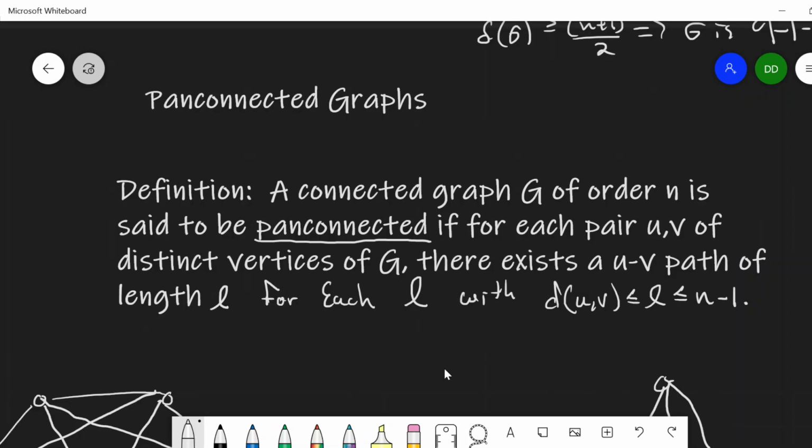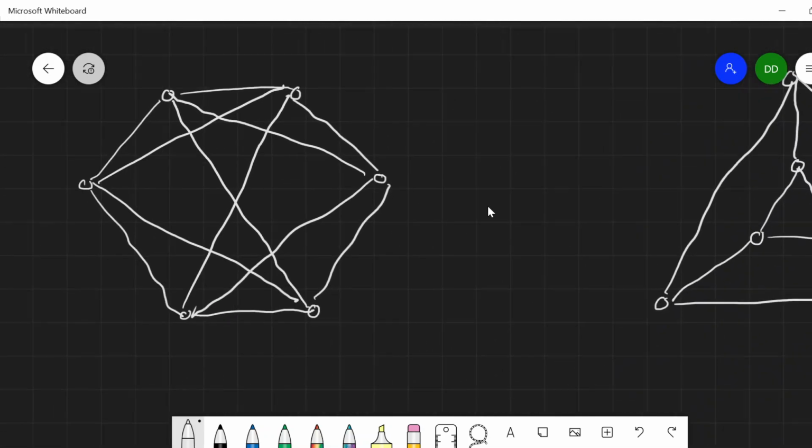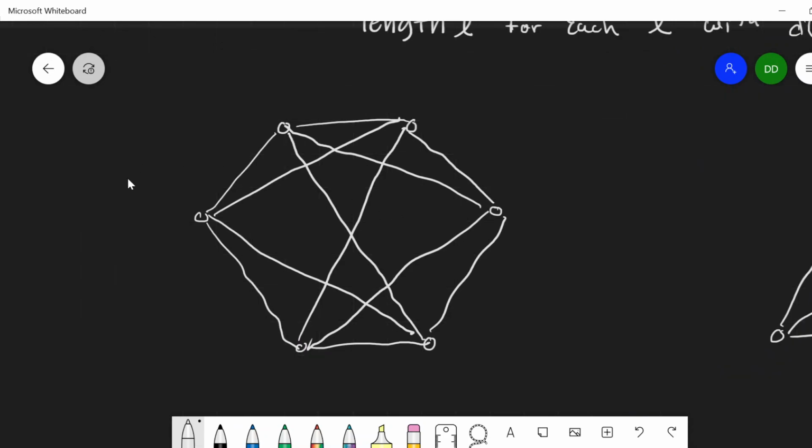All right, let me illustrate this with an example. So here I have this graph. This is K6 minus 3 disjoint edges. So maybe I'll call it G1. And this graph is pan-connected. We only have vertices of distance 1 and vertices of distance 2 in here.